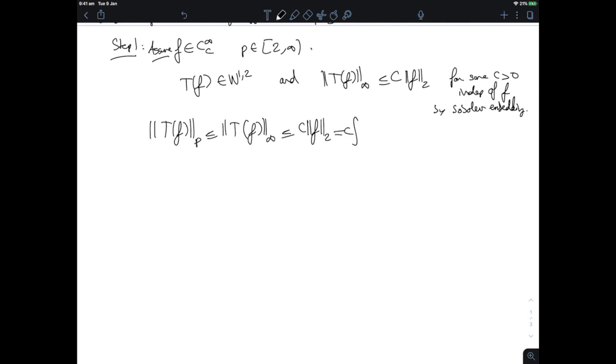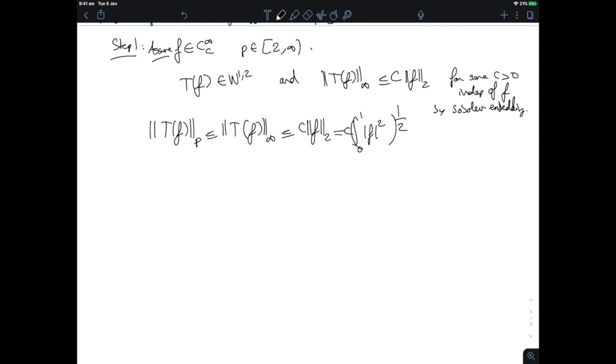This is c times the integral of f squared raised to the power 1/2. So you can use Hölder with the exponent p over 2 and its dual exponent, and p over 2 is greater than 1 because p is greater than 2.